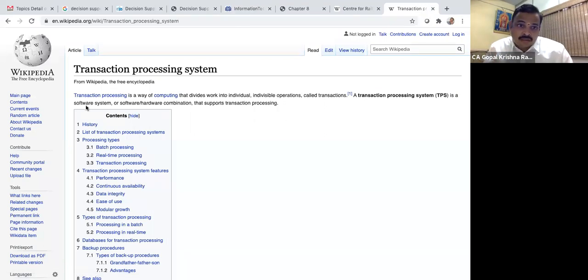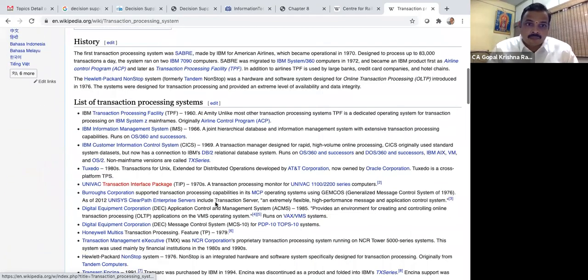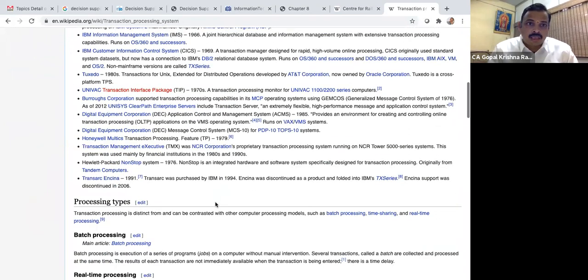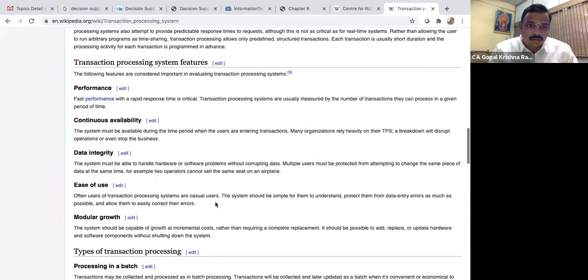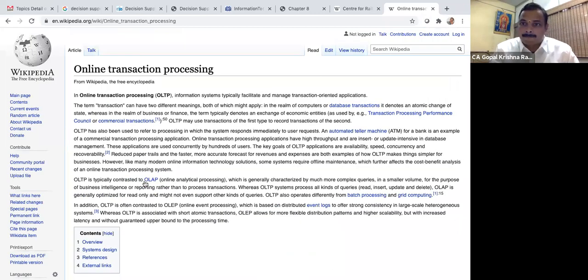A TPS is a software system or hardware-software combination that supports transaction processing. Now, I'll give you some examples. These are all some of the history, and maybe I'll give an example here. So this is what you need to understand.